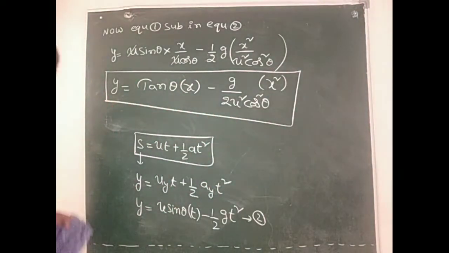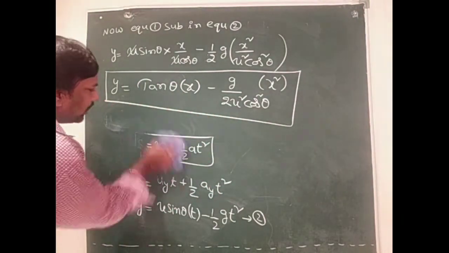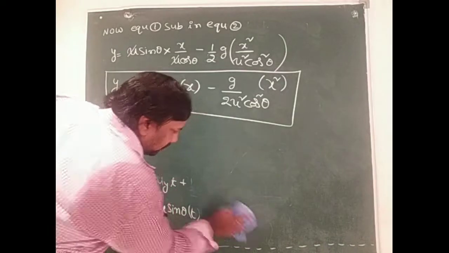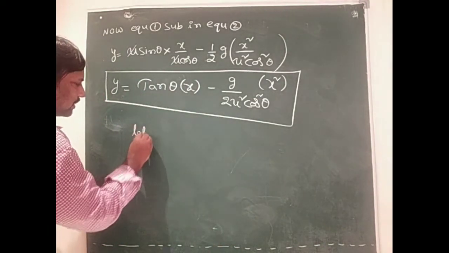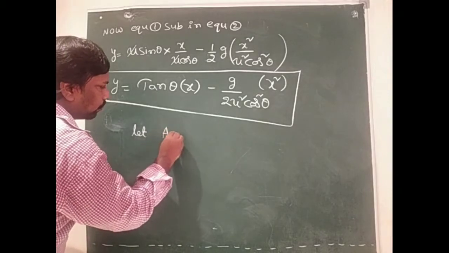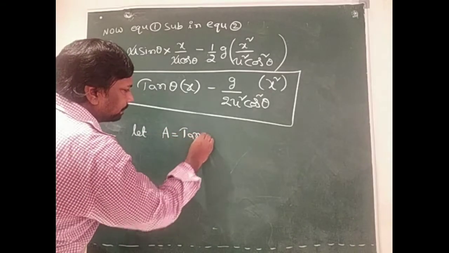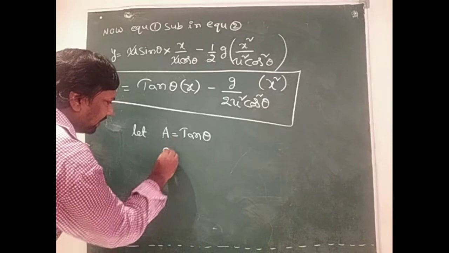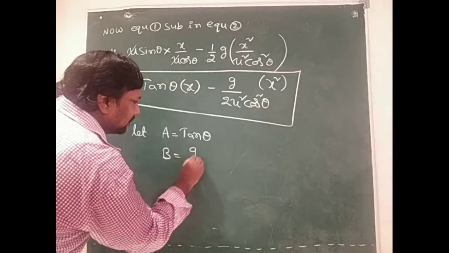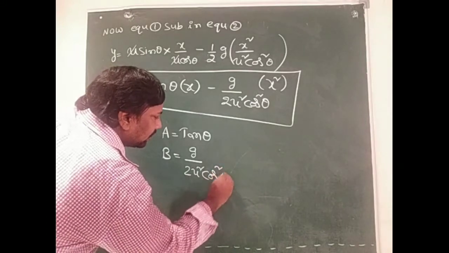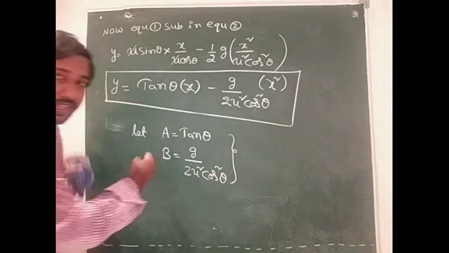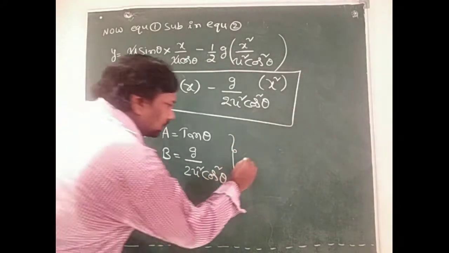So this is the final equation. In the final equation, let a equal to tan theta and b equal to g by 2u square cos square theta. So here a and b are the constants.